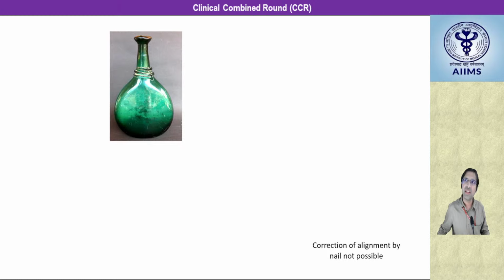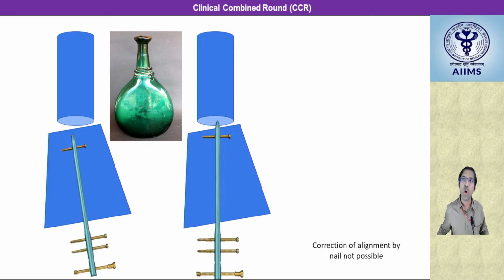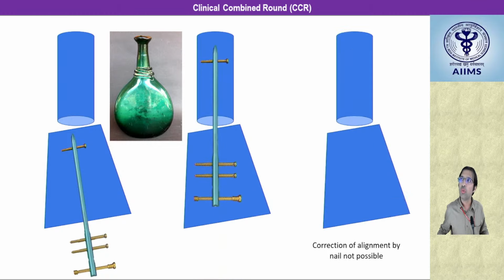But in our case, this flask-like deformity of the lower end of the femur had changed one end of the fracture to a conical flask shape rather than a cylinder. So the passage of the nail inside the hollow of the bone will not align the fracture, nor will it lead to a stable fixation.